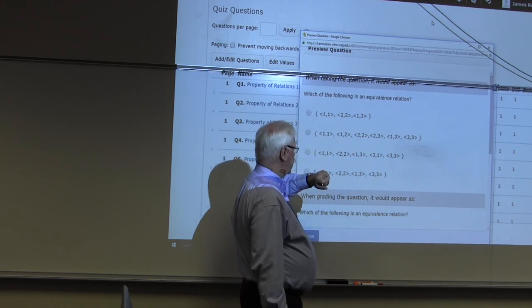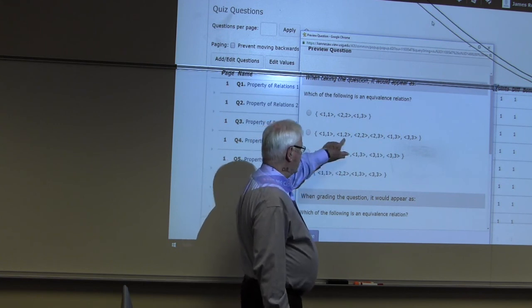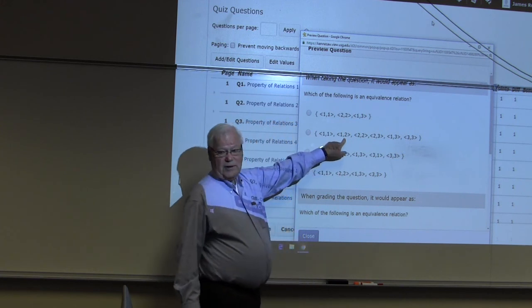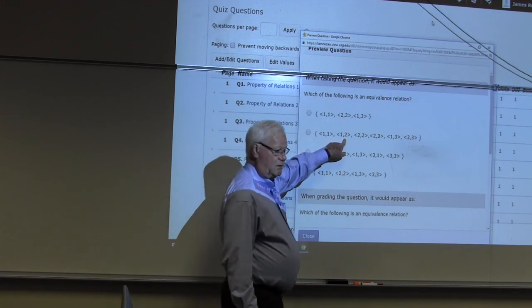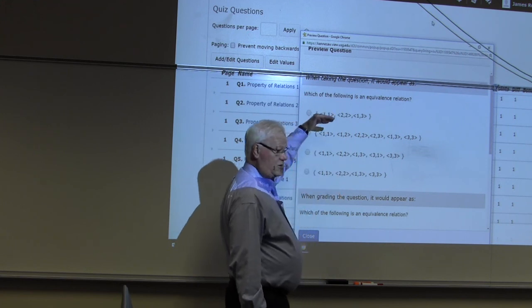I think that's everything. What about symmetry? I've got 1 to 2, do I have 2 to 1? I don't, so it's not symmetric. Is it antisymmetric? It looks like it's antisymmetric, but that's not an equivalence relation.